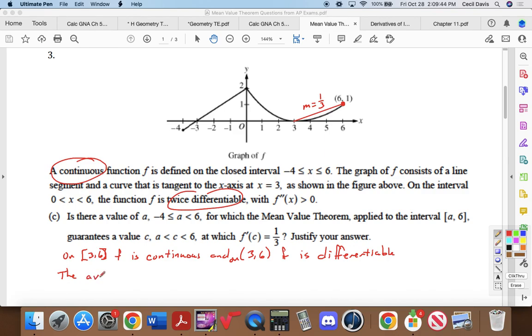The average rate of change of f on the closed interval from 3 to 6 is 1/3.